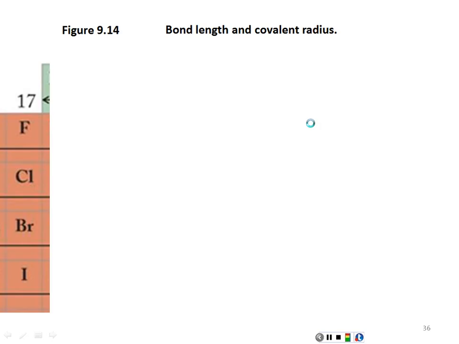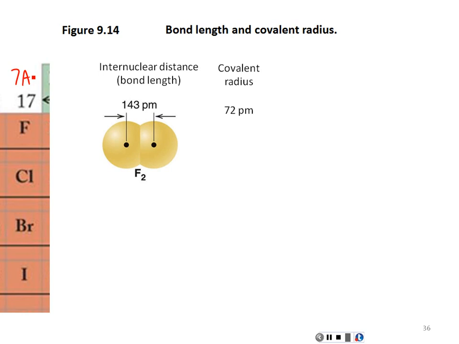Let's look at the halogens. Group 17, or the old nomenclature would be group 7A. So for fluorine, the top of the group, the internuclear distance, I should say, bond length would be 143 picometers.